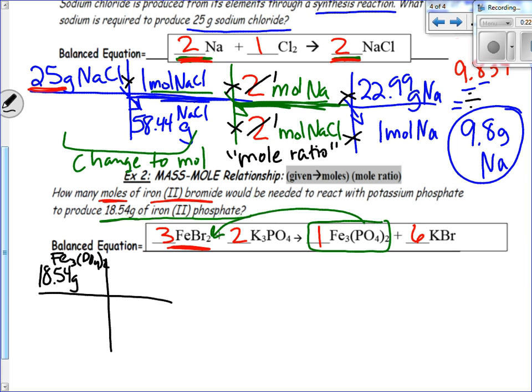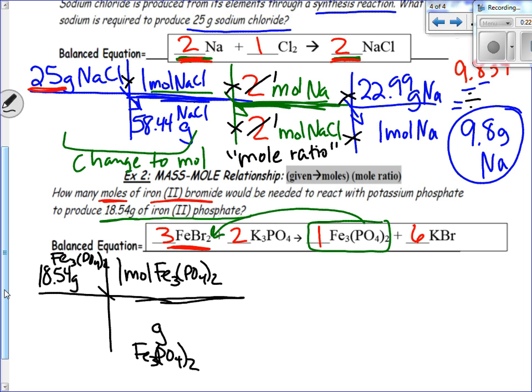And yes, you're supposed to write the compound in too. It's kind of a pain, I get that. So I'm going to diagonal down, get rid of the grams of Fe3(PO4)2. And I'm going to go to 1 mole of this big compound.